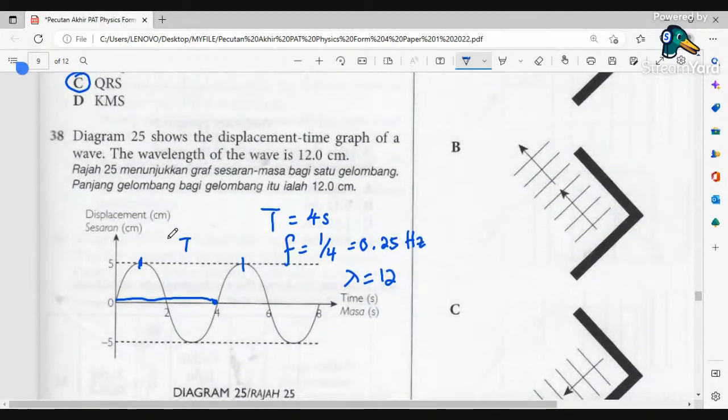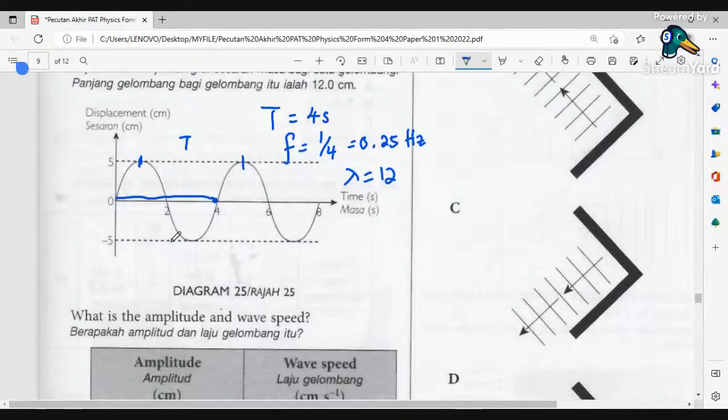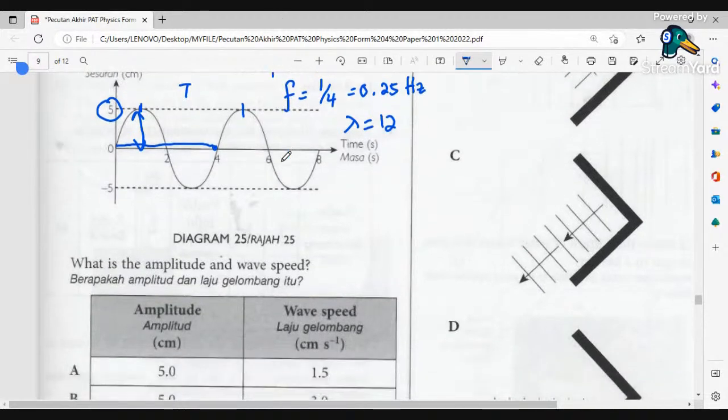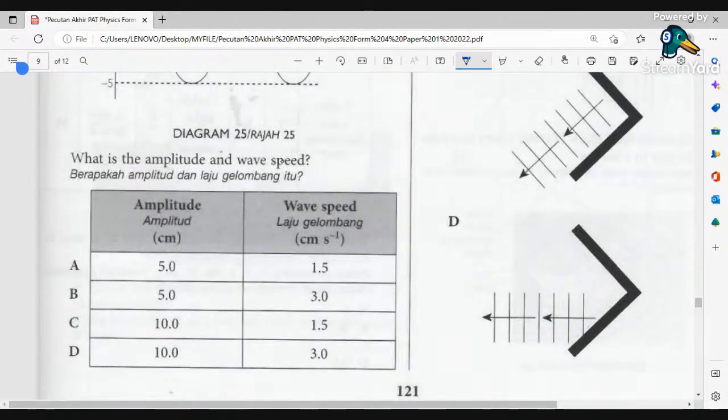Okay, soalan seterusnya ialah calculate what is amplitude and wave speed. Amplitude, the highest displacement, just baca saja, either the crest part or the trough part, 5 cm, itu amplitude. Calculate speed.